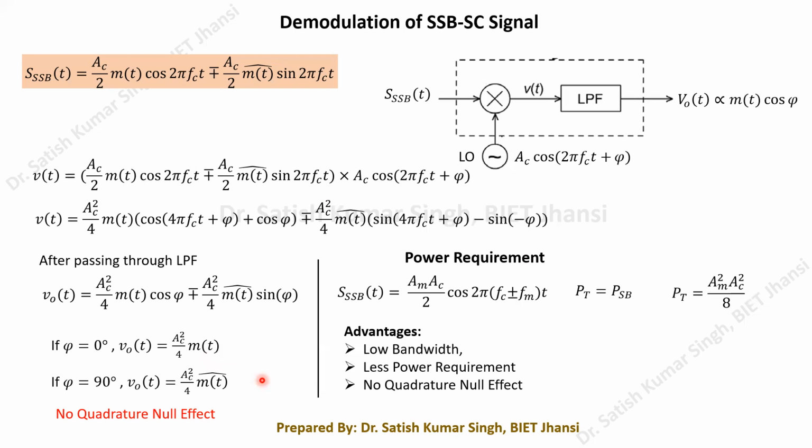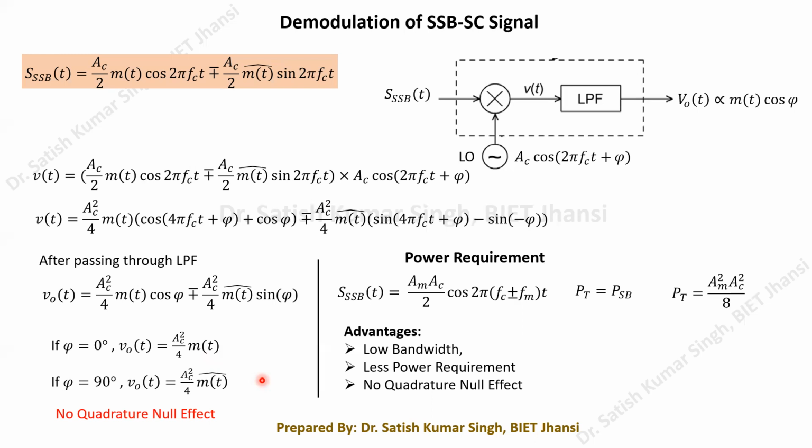If you remember, in the case of AM modulation and DSBSC, when we had a 90 degree phase difference between the carrier used for modulation and demodulation, the message was lost in both cases. Whenever phi equals 90 degrees, the message was completely lost and we could not recover the original message signal. That we called the quadrature null effect.